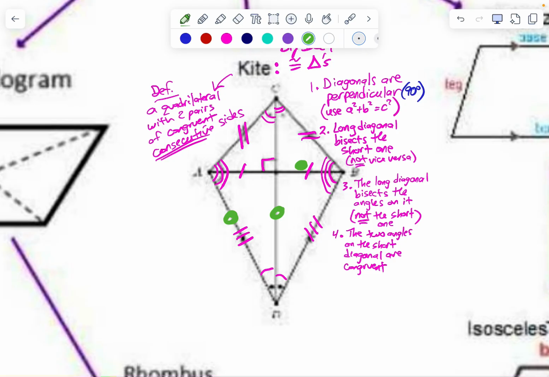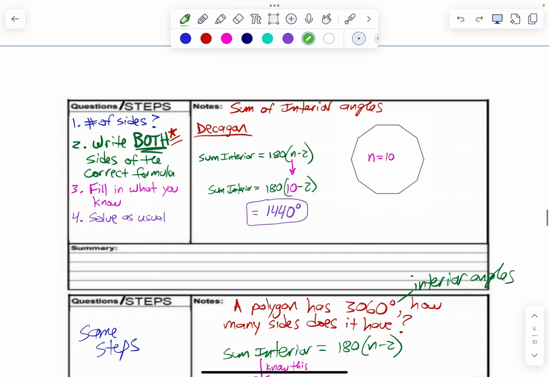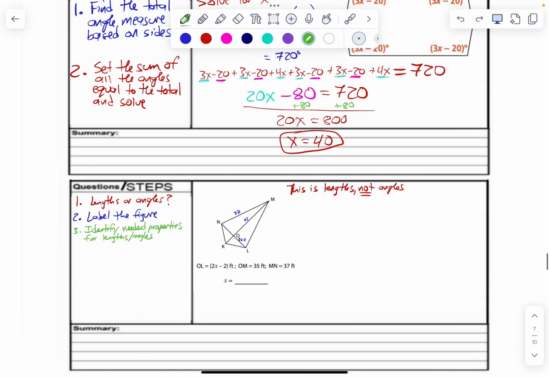Well, I see that we're dealing with diagonals, so what's true about them? Meaning I have dots on two diagonals. Okay, so we know the short one is split in half. That's going to be important. We also know that they are perpendicular. These two diagonals are. The 90-degree thing. Okay? So with that, let's go see if we can use that to help us out here.